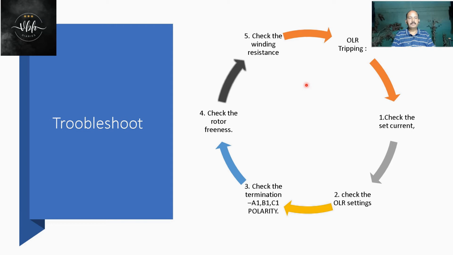So we need to check the winding resistance, and if nothing is wrong inside, then we can proceed further. These are what we normally face at installation sites. If you go through this, then we can successfully complete the installation, and we can troubleshoot the issues that come up.